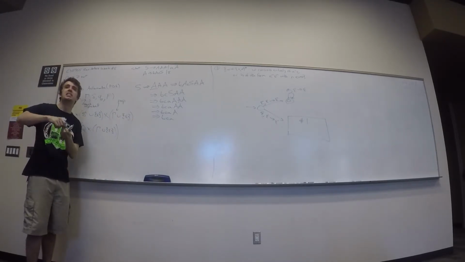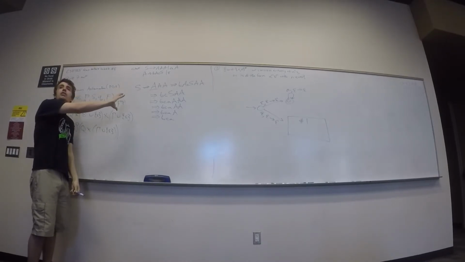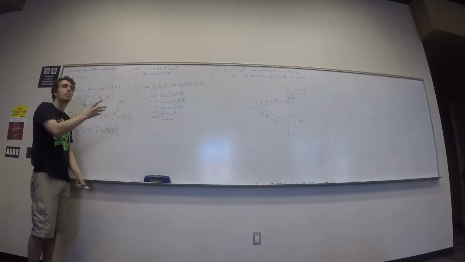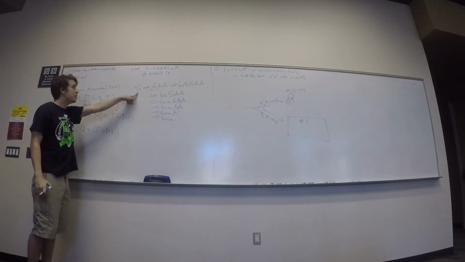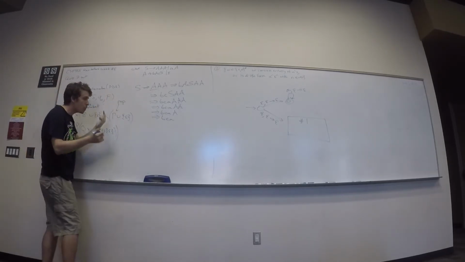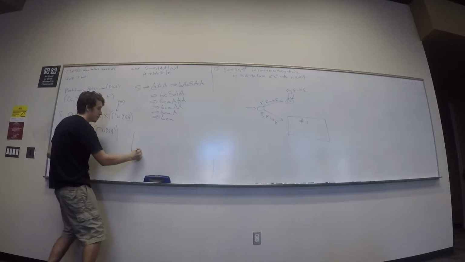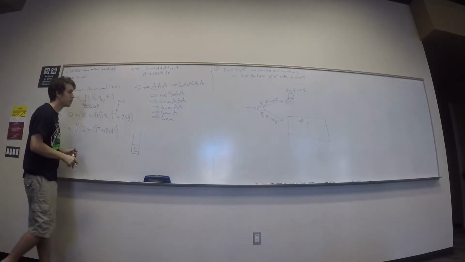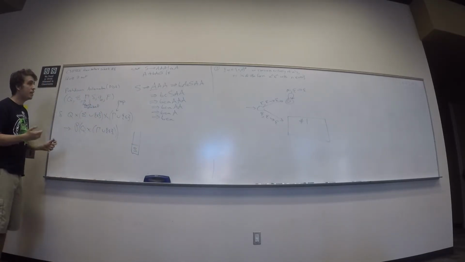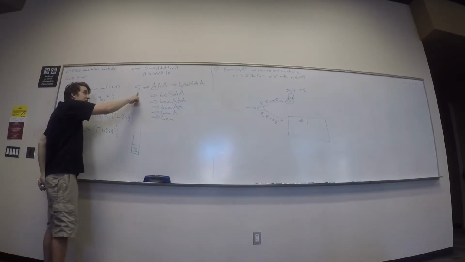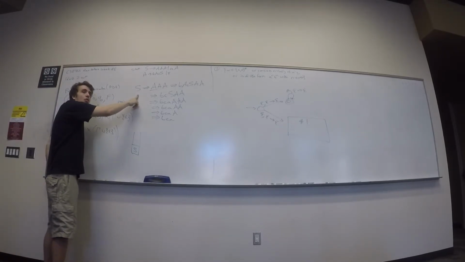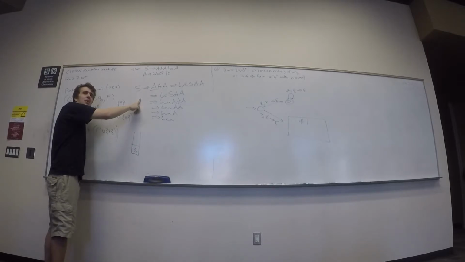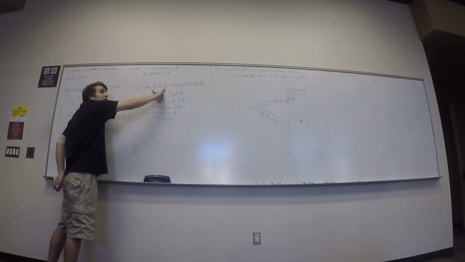Maybe we can use the stack somehow to model the derivation as it's happening. So the derivation starts off with S, so maybe we can put that on the stack. And then, does S get replaced by the three A's, or does something else happen? Is S right here?